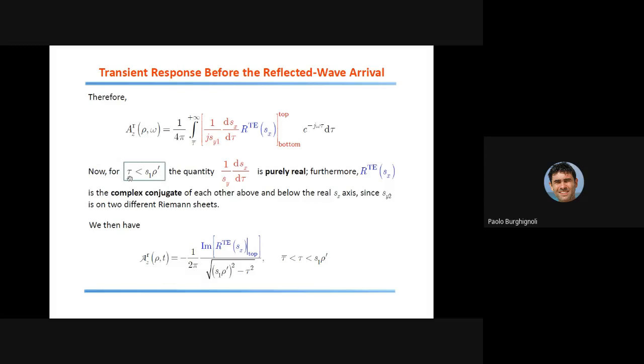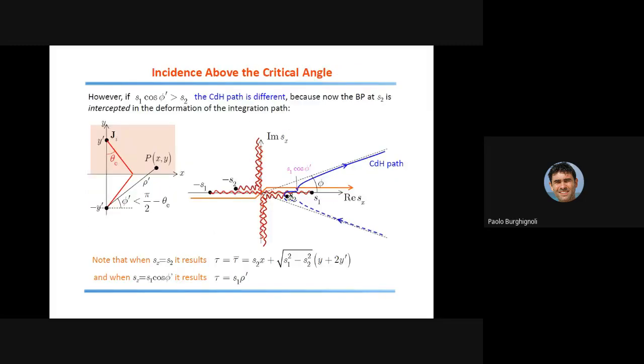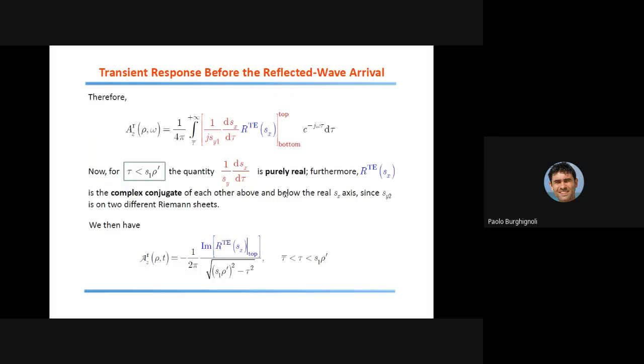Now, if time is less than S1 rho prime, then the quantity here in red can be shown to be purely real, whereas the reflection coefficients can be shown to be the complex conjugate of each other if you are above and below the real SX axis. So we are considering the contribution of this portion here. This is because SY2 is on two different Riemann sheets.